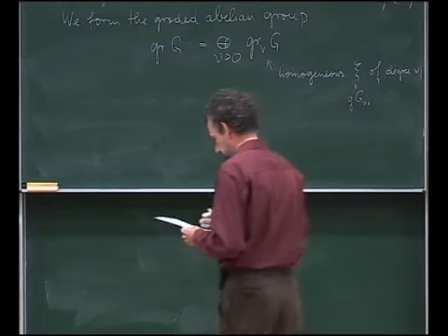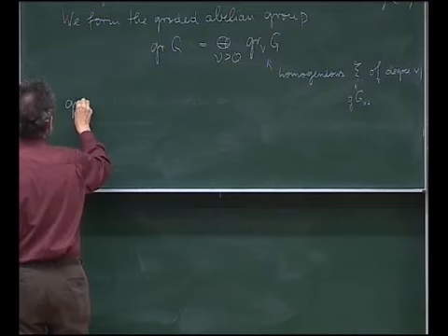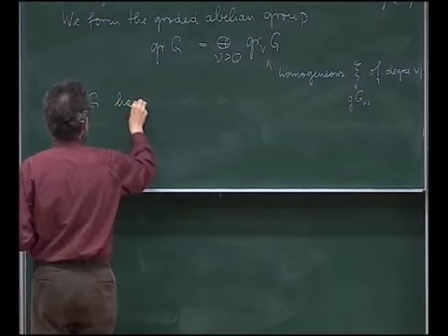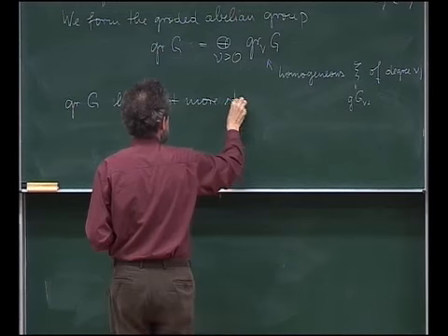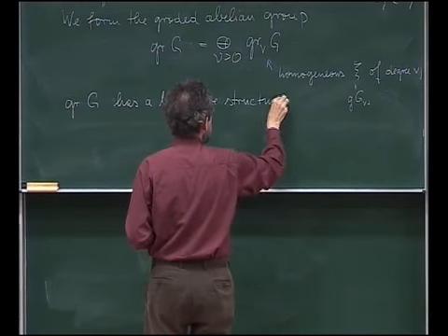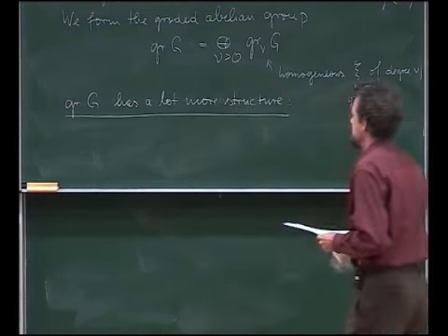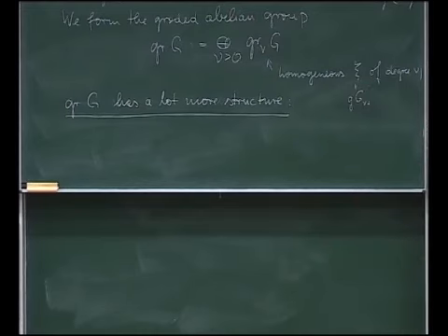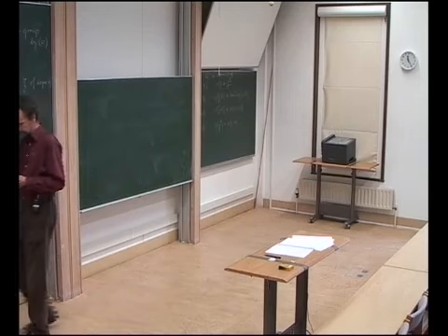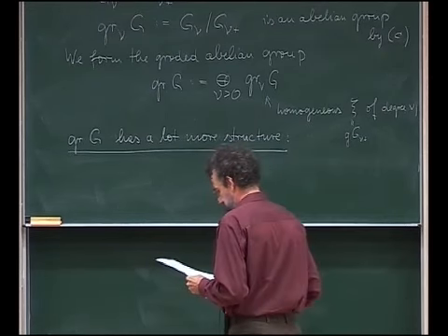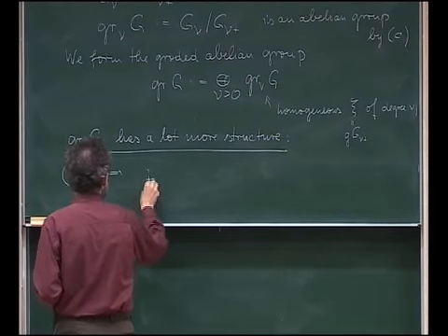Now, the point is this has a lot more structure than just being a graded abelian group. We will spend some time to uncover this structure. First few things are very easy, and then there is something more difficult, which will need a whole paragraph to set it up.